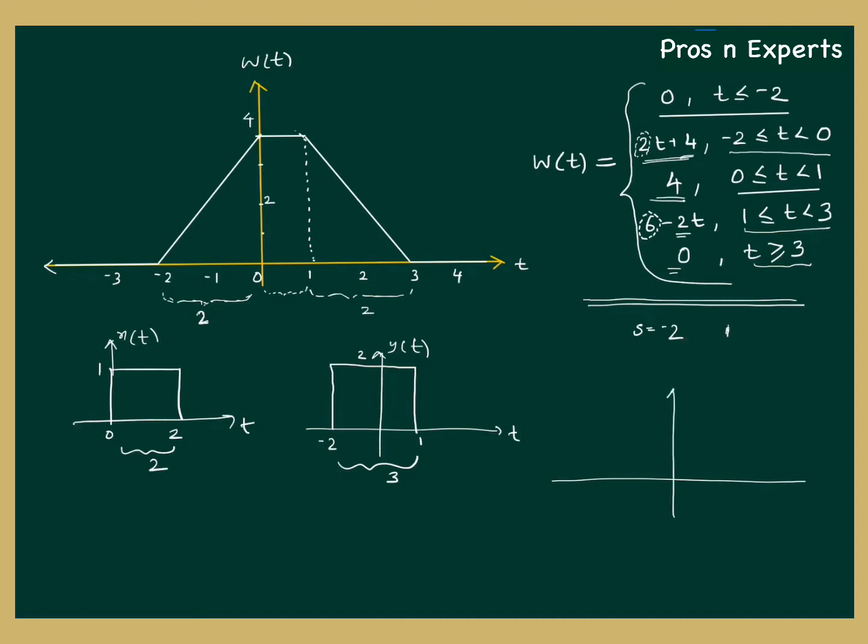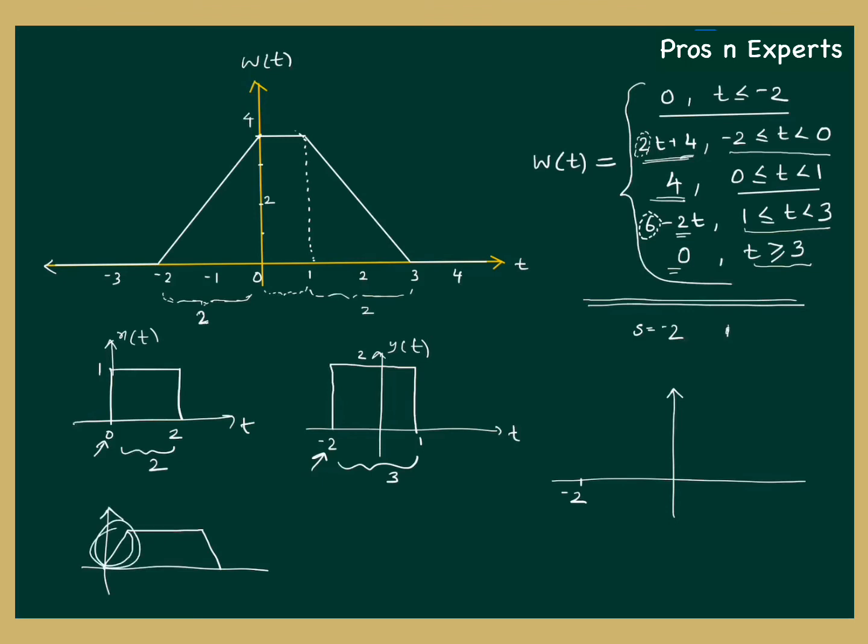So the output signal starts at 0 plus minus 2, which is minus 2. So our output signal is going to start at minus 2. We know that the signal we are going to observe as output is a trapezoidal signal, because of the different durations.